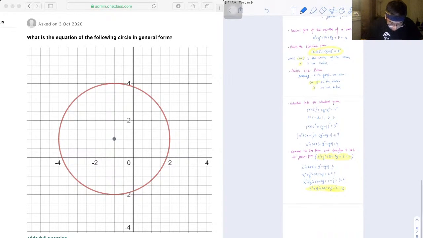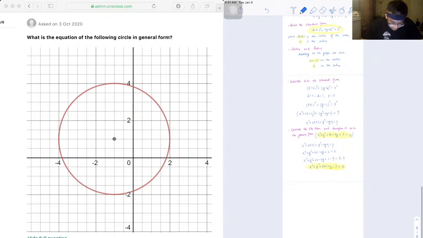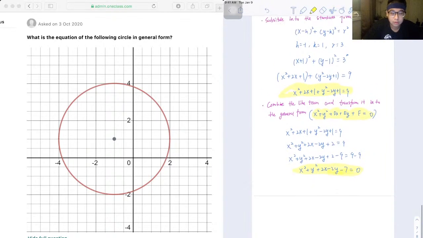After some calculation, we will get something like this, and then we combine the like terms and transform it into the general form. So I think that's all we have for this question.